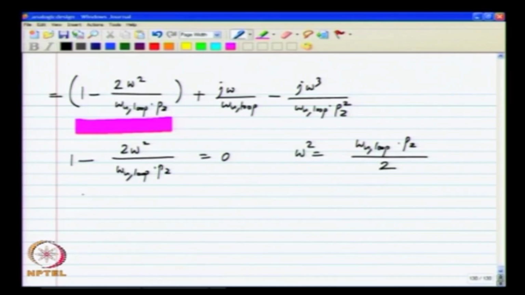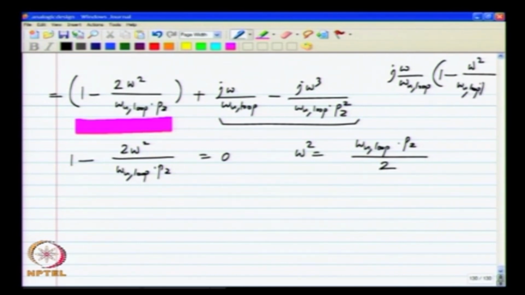And the imaginary part being equal to 0, this can be factored out into j omega by omega u loop times (1 minus omega square by omega u loop p 2 square).